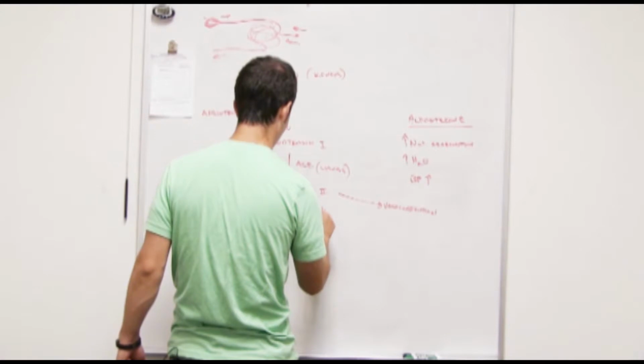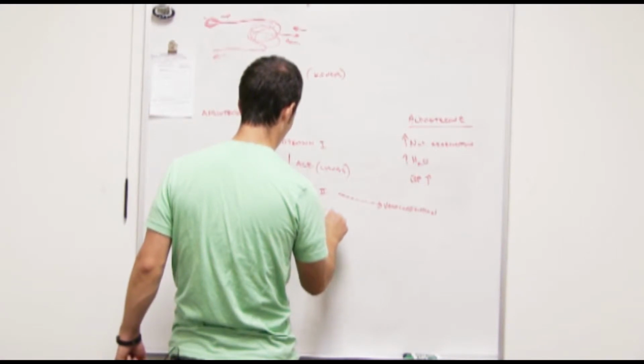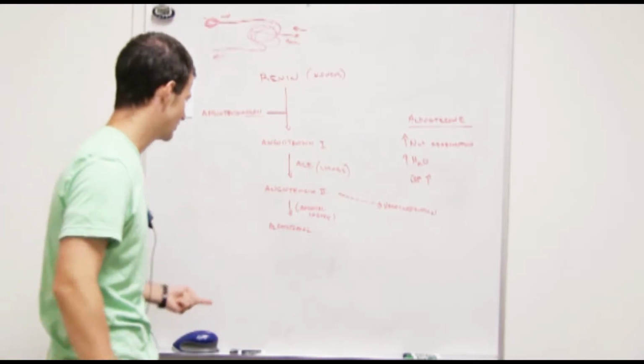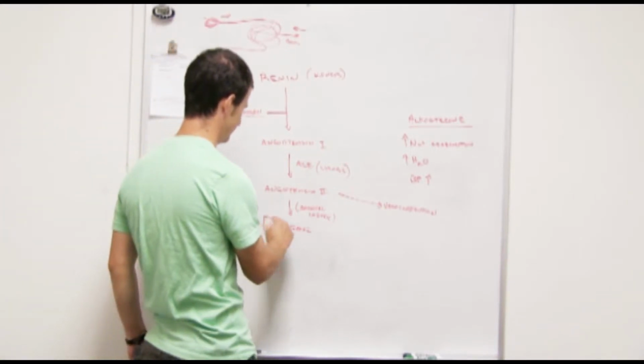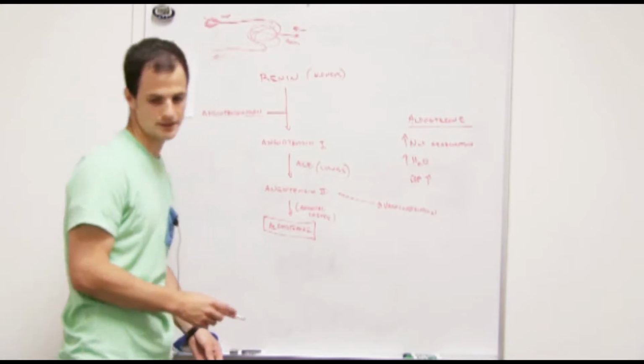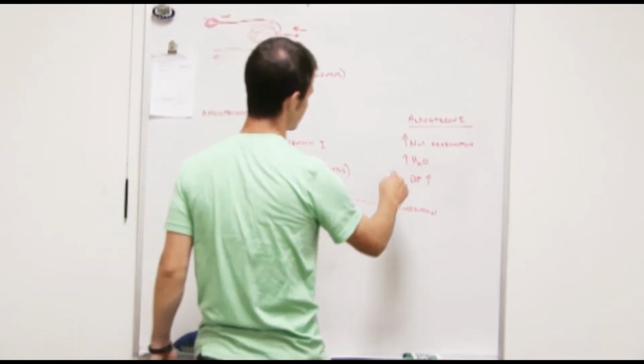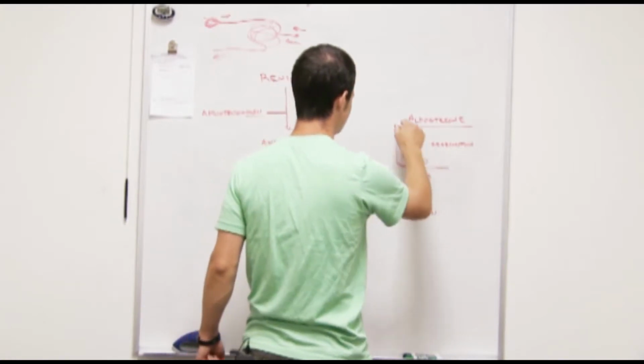The adrenal cortex, which are endocrine glands, secrete this hormone. Make sense? And then aldosterone causes this to happen.